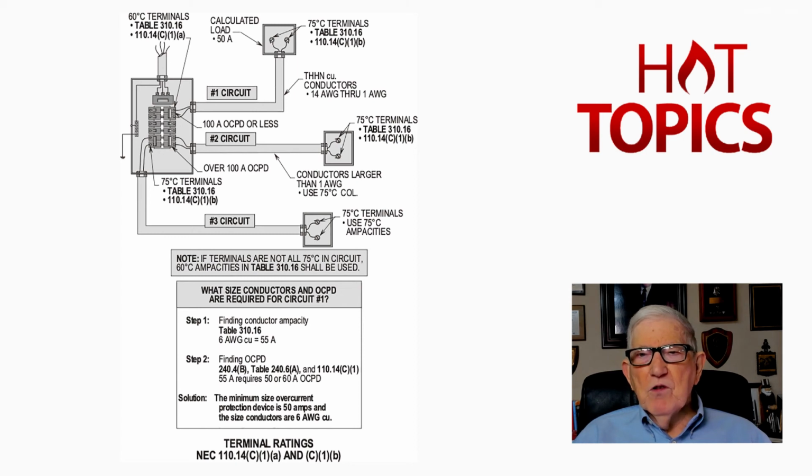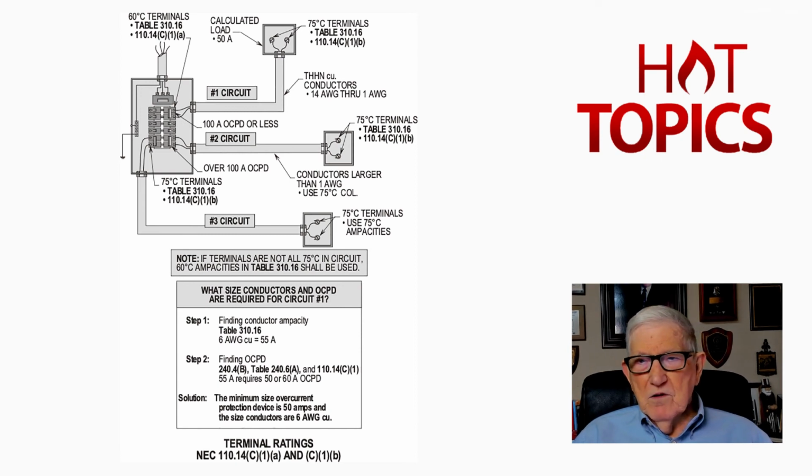It's 100 amps or less, if you look at circuit 1, and you go over here, you have 75 degrees C, so that's a 60 degree circuit. Checking your equipment, if you want to check the equipment, 75 degree, you come back here. It's over 100 amps, 75 degrees C. Now I'm in business. I can cable at 75 degrees C.